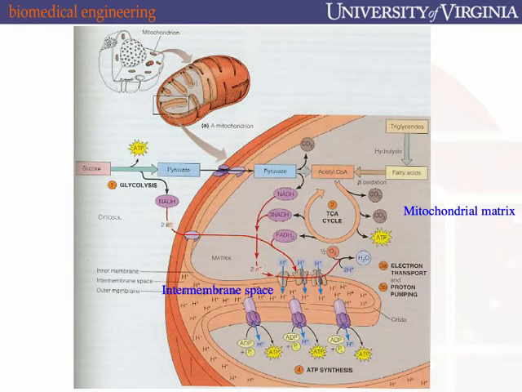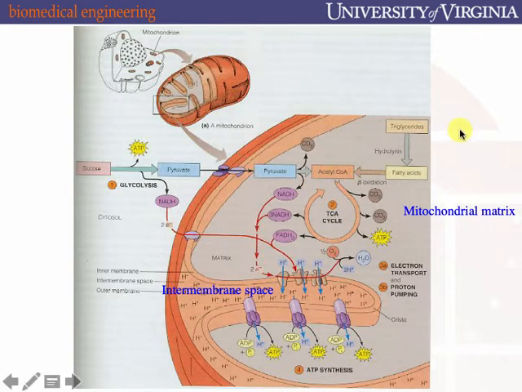And the flow of protons back and forth across the mitochondrial inner membrane is crucial to allow cells to undergo ATP synthesis upon aerobic respiration.